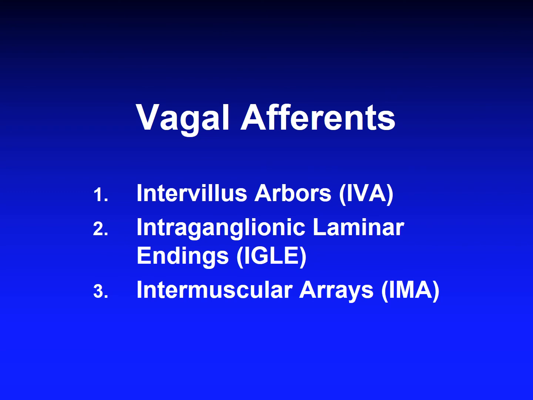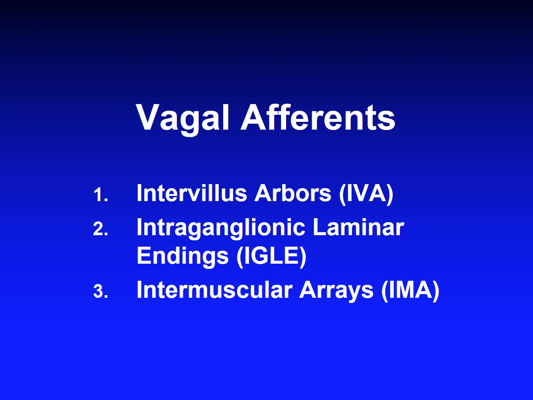This is where the 3 vagal afferents that we've talked about are: the intravillous arbors, the intraganglionic laminar endings, and the intermuscular arrays, IVA, IGLE, and IMA.